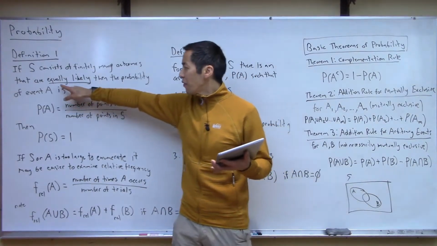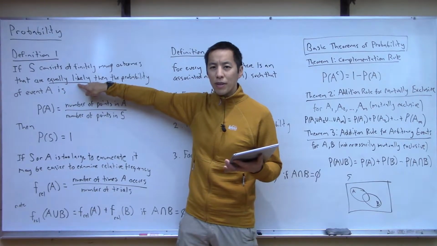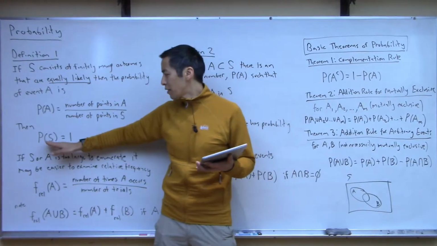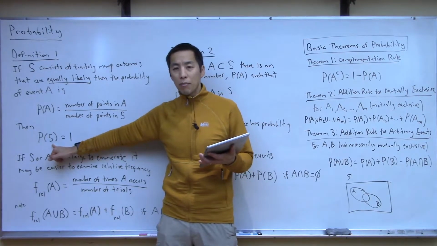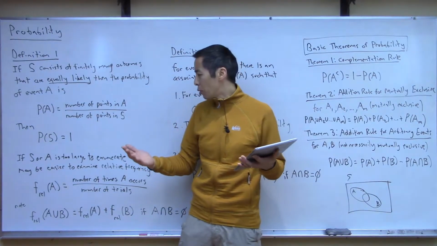Again, each of these points must be equally likely; that's the key underlying term in this definition. What immediately follows is that the probability of something happening in the sample space is 1. It's guaranteed to happen, and hopefully that's a no-duh kind of moment.